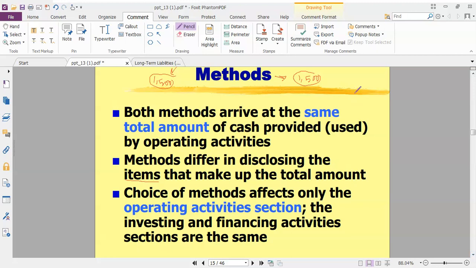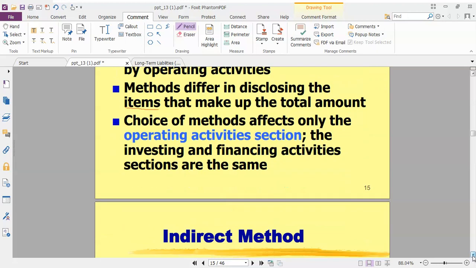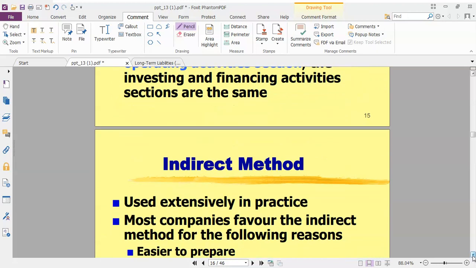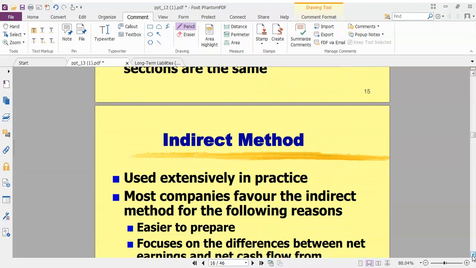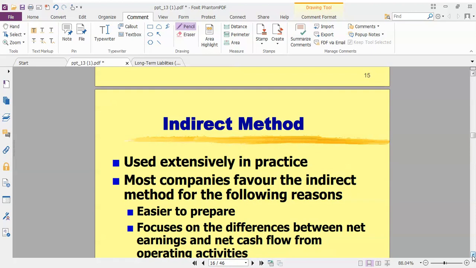Okay, the amount that we display under that, the two methods are different. But under the financing and also investing, there is no difference between direct and indirect. Okay, same things only. Okay, so let's look at the indirect method.